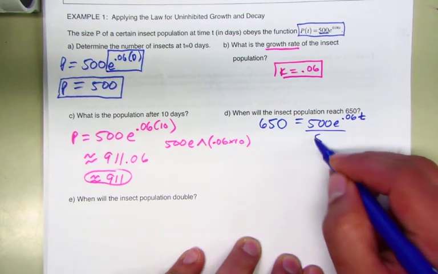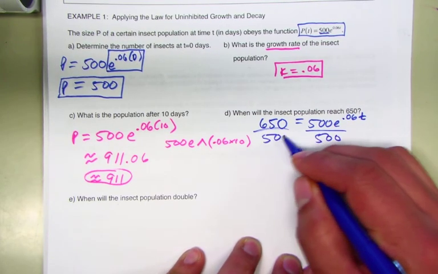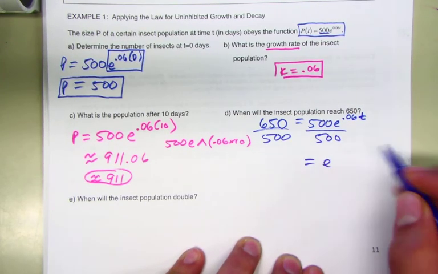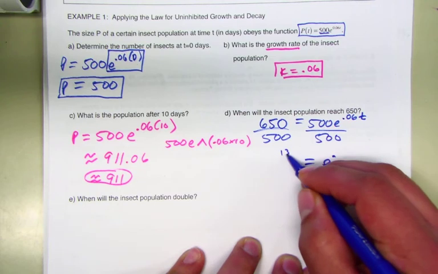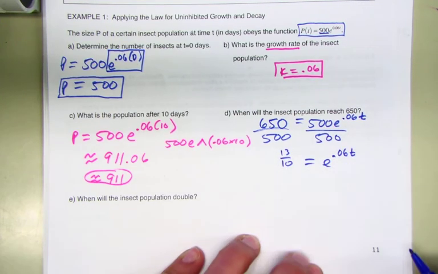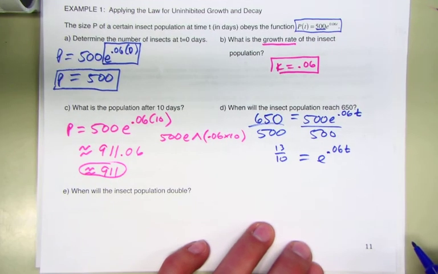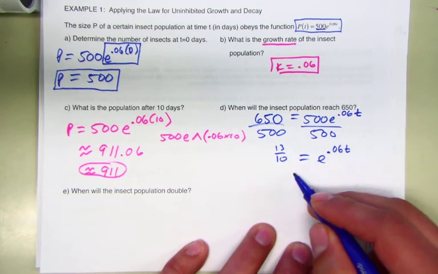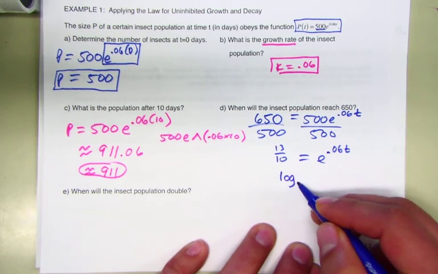Divide by 500 sounds like a plan. Does that reduce to anything? 13 over 10. Switch it. That's why we spend all that time doing log stuff, right? If I switch it, what log base is this?